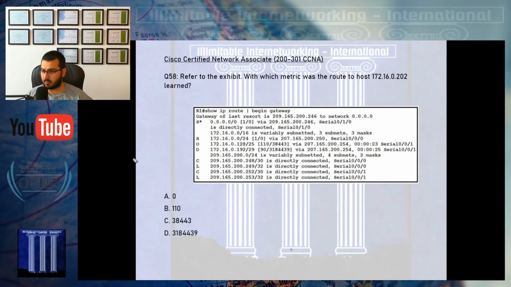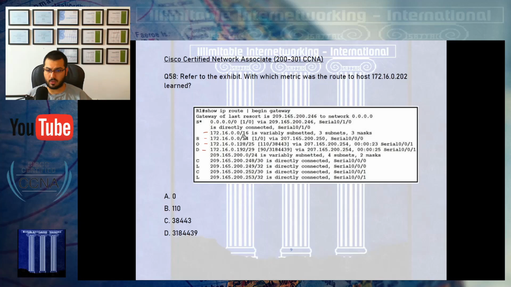Okay, question 58 says to refer to this exhibit: which metric was the route to 172.16.0.202? So this is a static default route. For 172.16, we need to match the longest match. So far, all of these four are good.